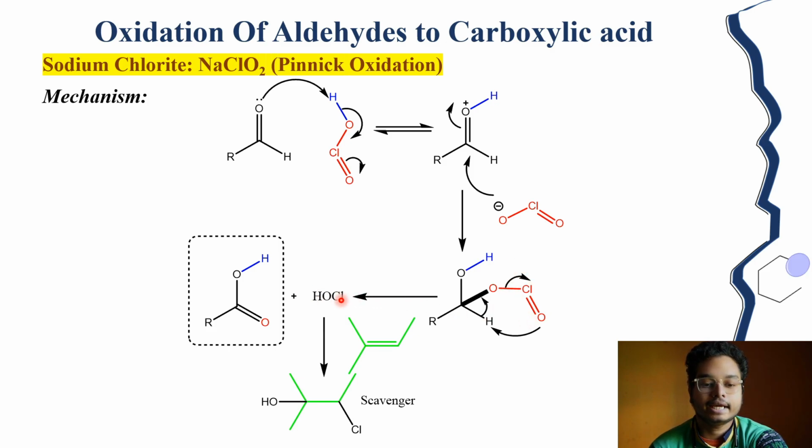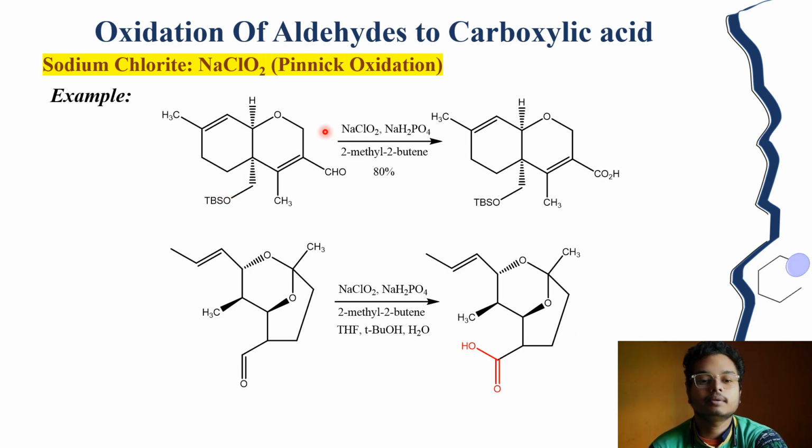So we get HOCl and our corresponding acid, and now this HOCl reacts with 2-methyl-2-butene to scavenge it, giving this compound, and it is removed from the reaction mixture. So this is the typical mechanism of the Pinnick oxidation reaction. Let us talk about some examples.